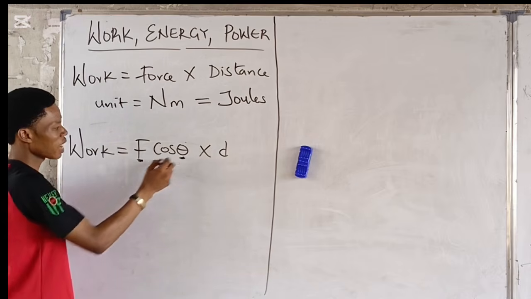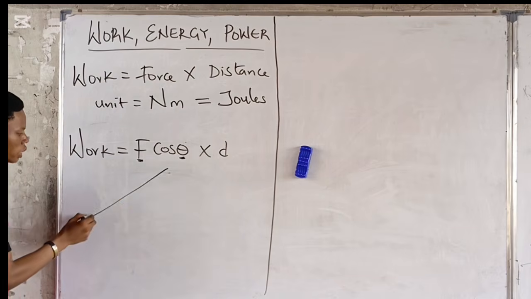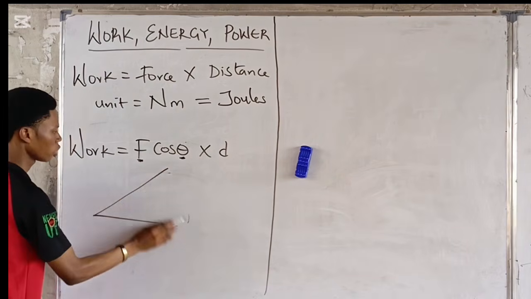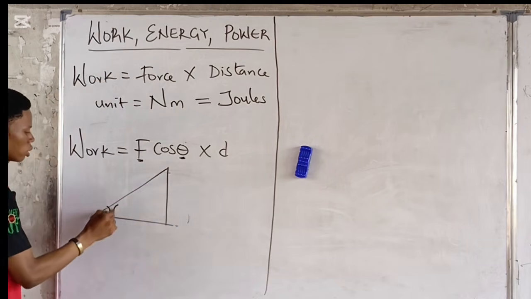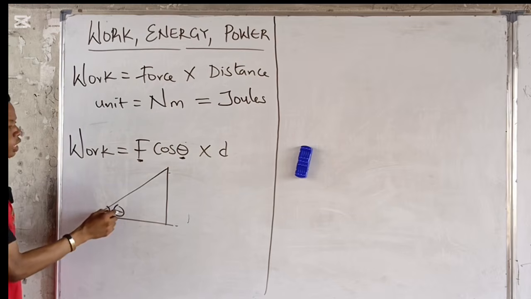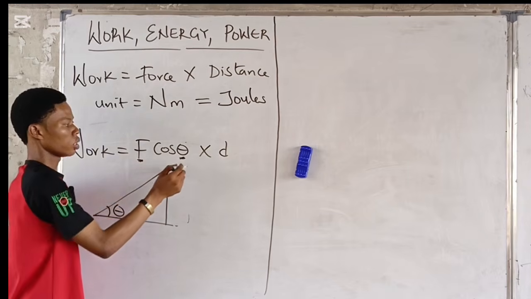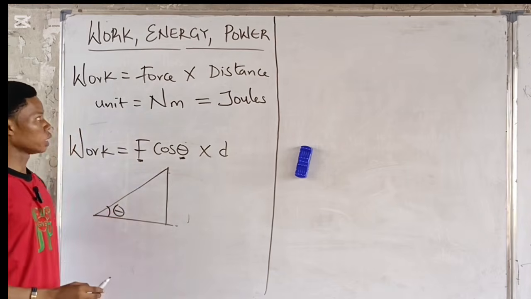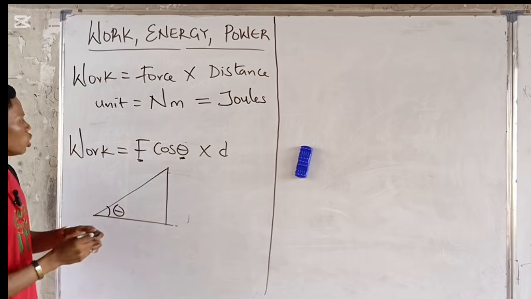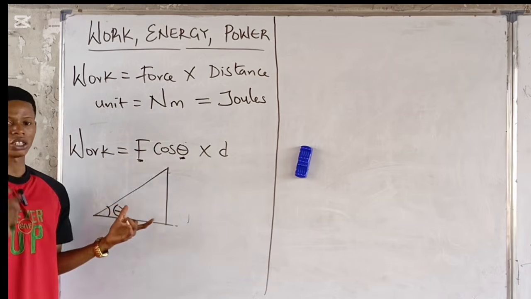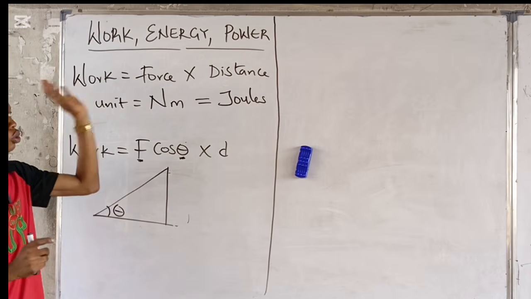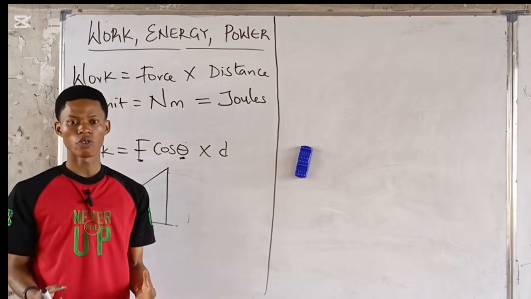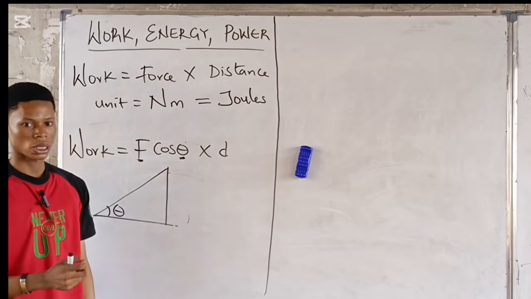The theta is the angle of inclination. So if you have something like this, this angle of inclination, that's the theta, and D is still the distance. So you use this formula when there's an inclination. Then you use the earlier one when no angle is involved. Can we take some calculations under this?